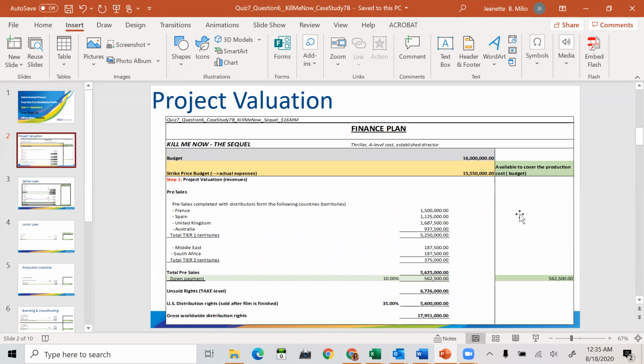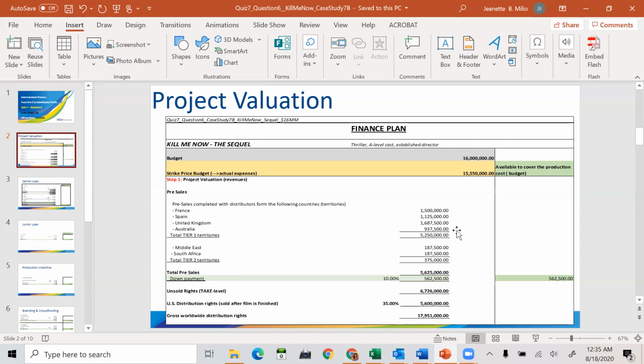You're still selling France for $1,500,000, Spain for $1,125,000, the United Kingdom for $1,687,500, and Australia for $937,500.